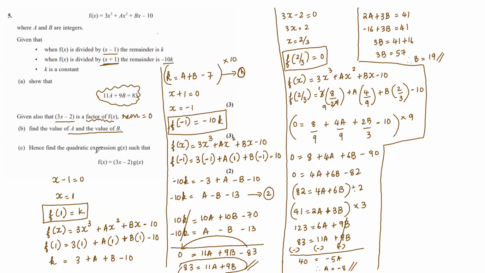Now, hence find the quadratic expression g of x such that f of x is equal to 3x minus 2 into g of x. To get g of x, f of x should be divided by 3x minus 2. That's all. So this is the last part, C part. To get g of x, what we have to do is f of x divided by 3x minus 2.